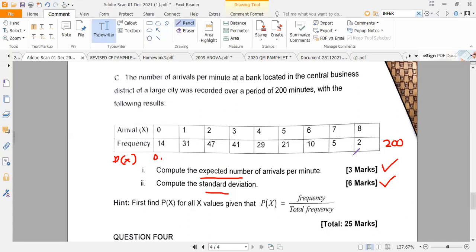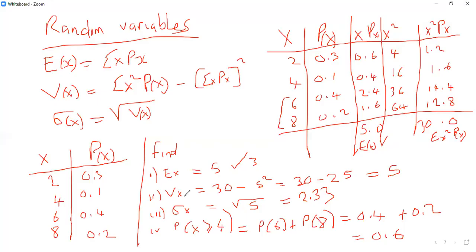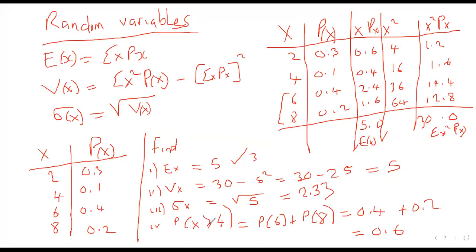Can you repeat question number 4 on the example that we're going through? Probability greater than 4.